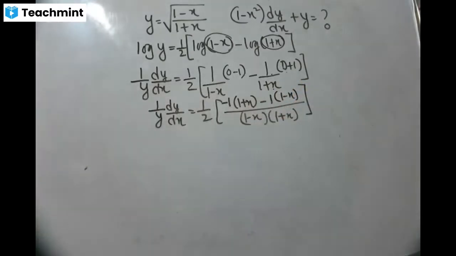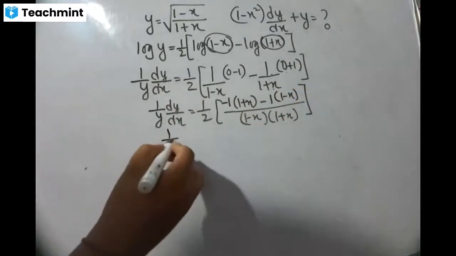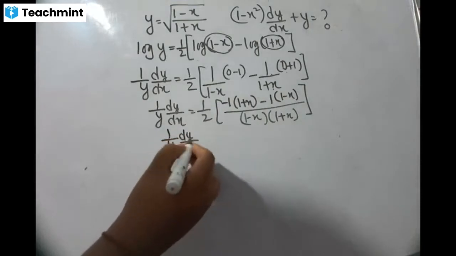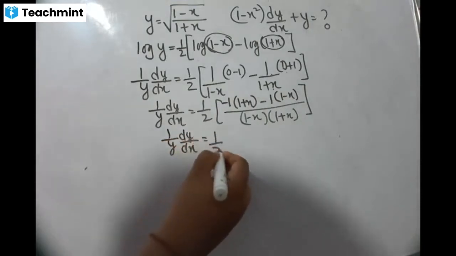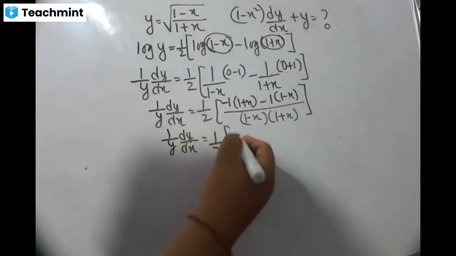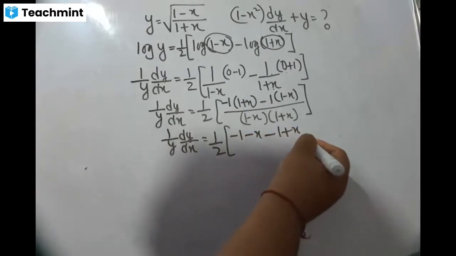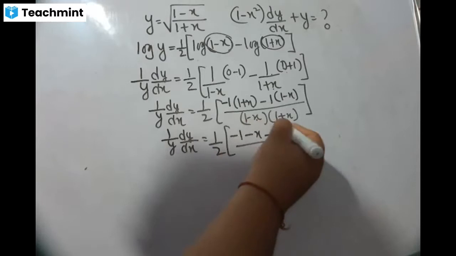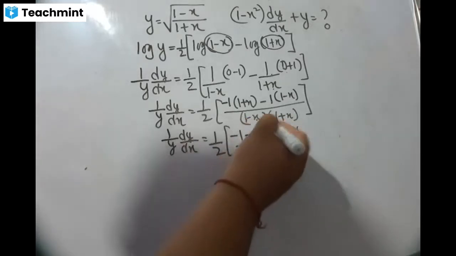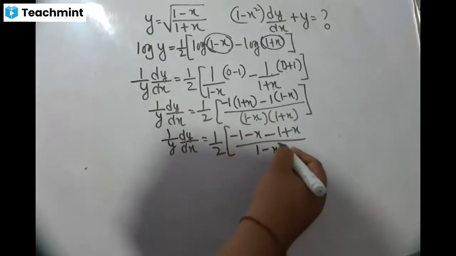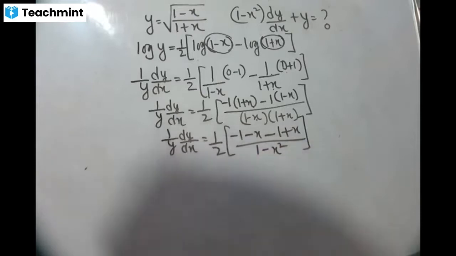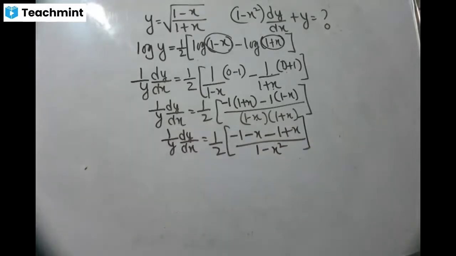So when you simplify this, see what you're getting. 1 by y dy by dx is equal to 1 by 2. When you open the bracket, what do you get? Minus 1 minus x minus 1 plus x divided by 1 minus x, 1 plus x. Conjugate pair, a minus b, a plus b. The formula is a square minus b square. Is that clear? So you can see that x and x are getting cancelled.